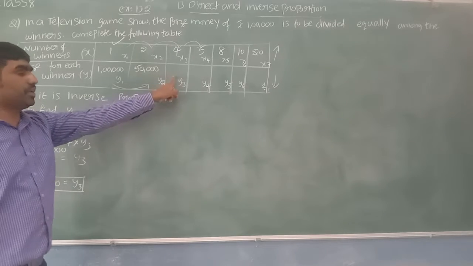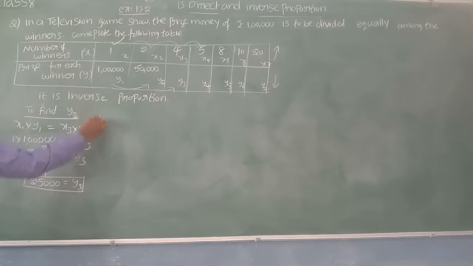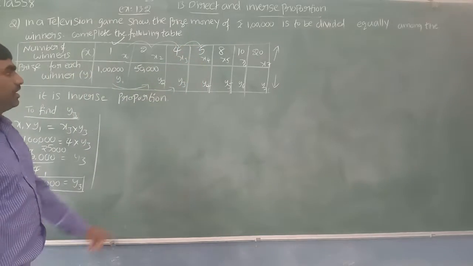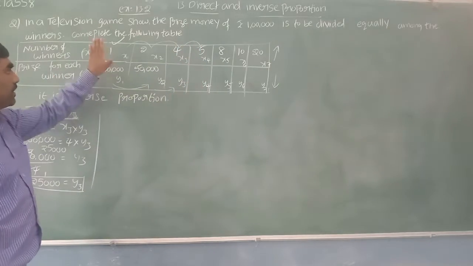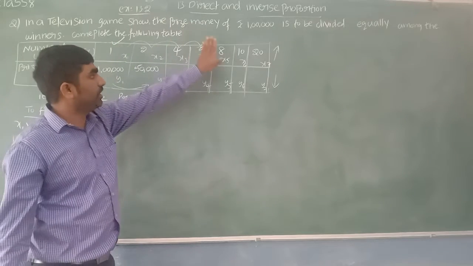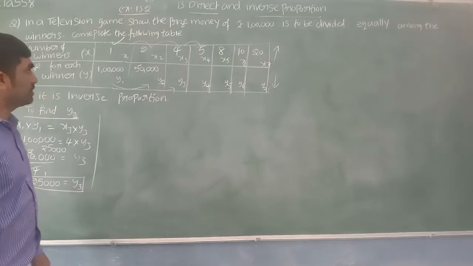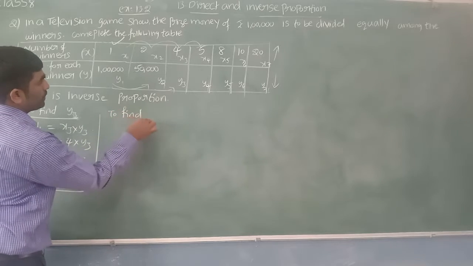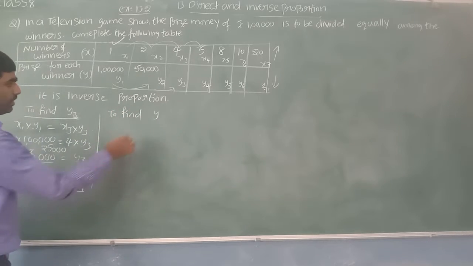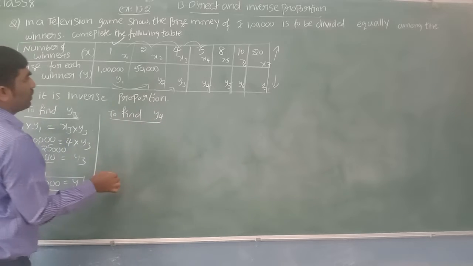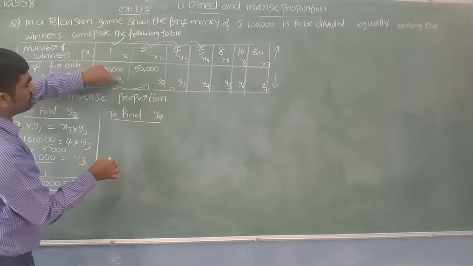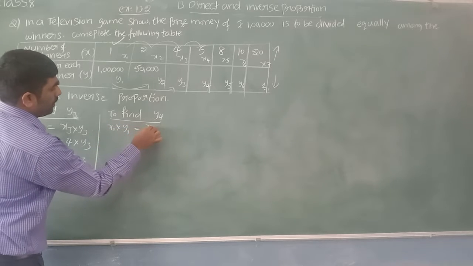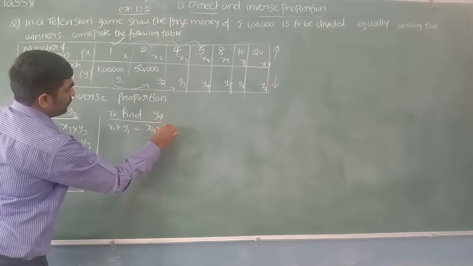Next, if there are 5 winners, what is the prize money of each winner? Now we try to find y4 by using x1, y1 and x4. To find y4, the product of corresponding values x1 into y1 is equal to how much, beta? x4 into y4.